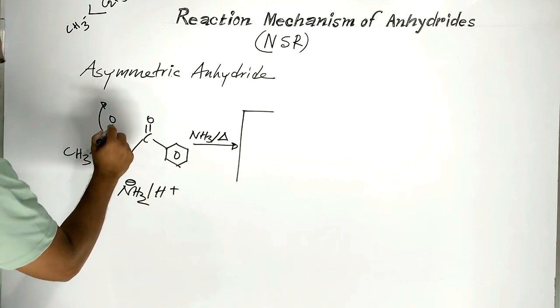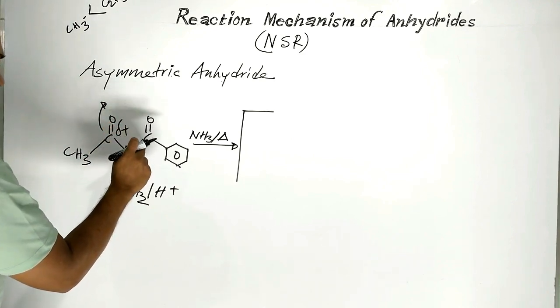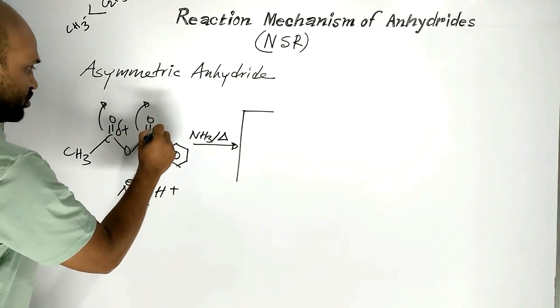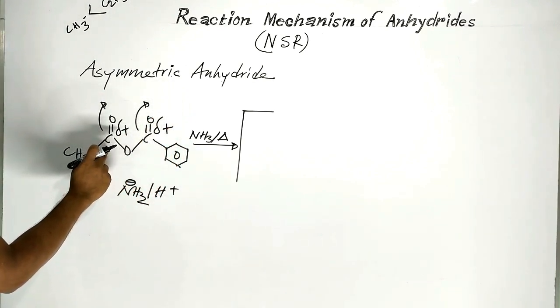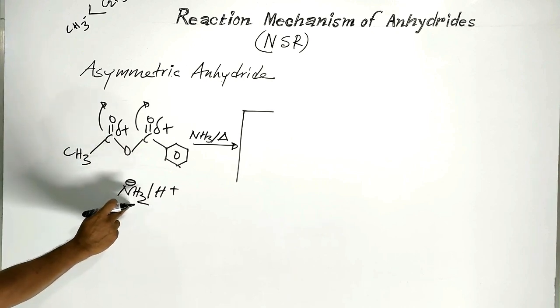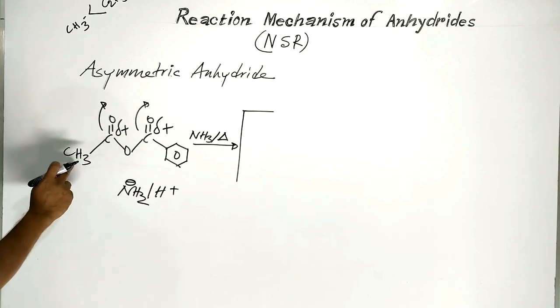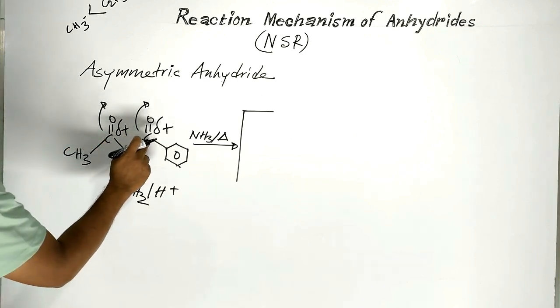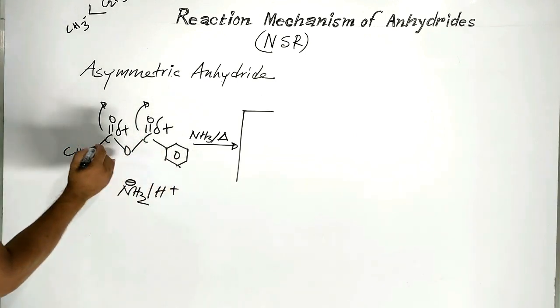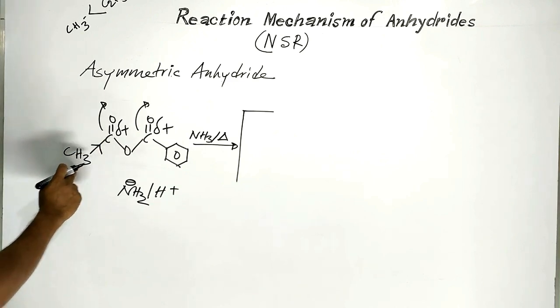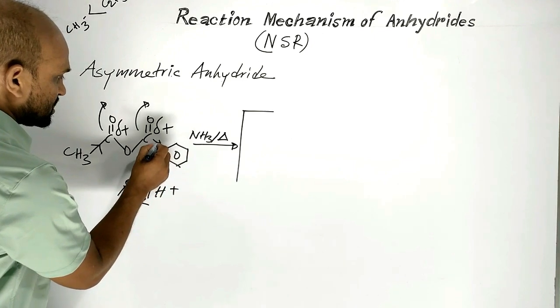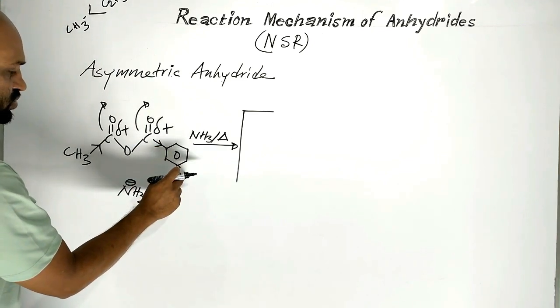We know this carbon becomes positive in charge. At the same time, this carbon becomes positive in charge. But which carbon is much more responsive towards the negative ion? Here, this carbon is bonded to a methyl group. This carbon is bonded to a phenyl group. We know an alkyl group is an electron donating group, but the phenyl group is an electron withdrawing group.